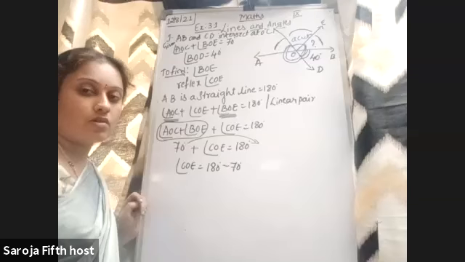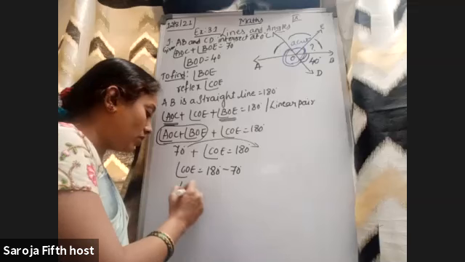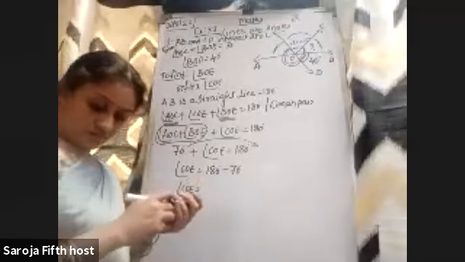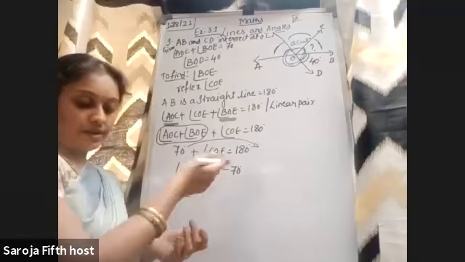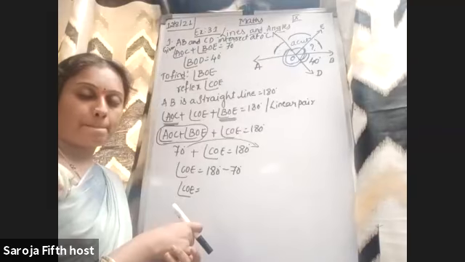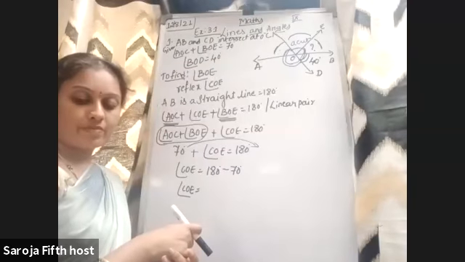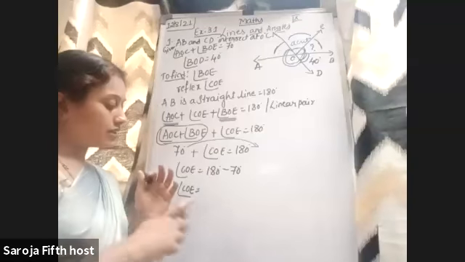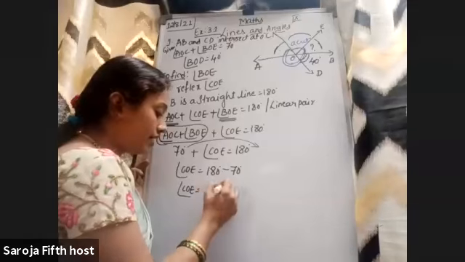Amulya, tell me, 180 minus 70 is how much? 110. 180 minus 70 is equal to 110.